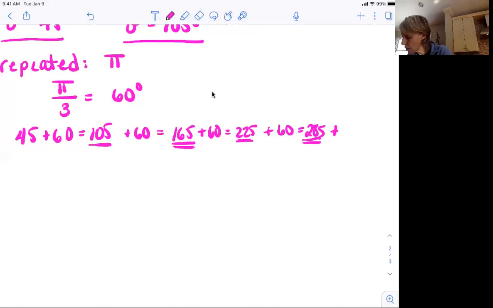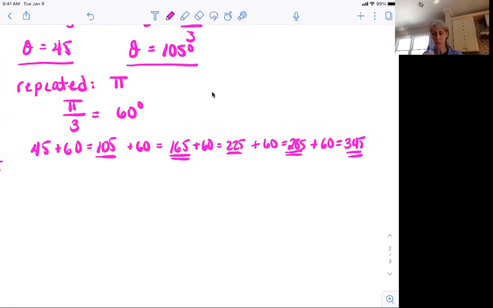That's a solution. Plus 60 equals 345. And I think that would be the last one, because if I add 60, I'm going to be outside of my interval. And if I was going to do 105 and just think about what's going to happen here, if I do my repeated solutions, I'm just starting here this time, and I'm going to get all of the same answers. So I'm really technically done.